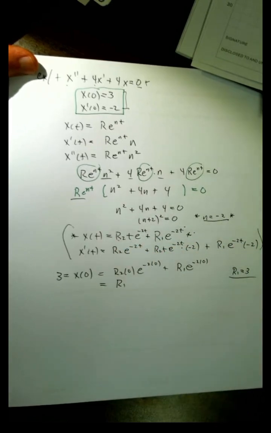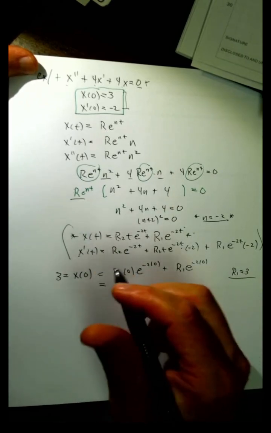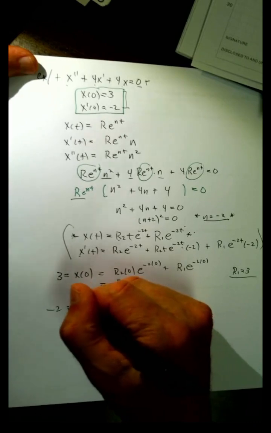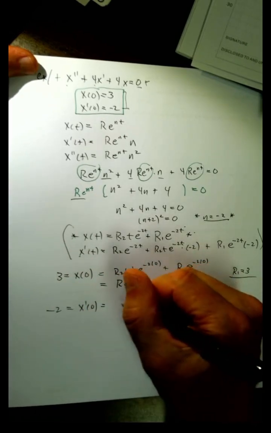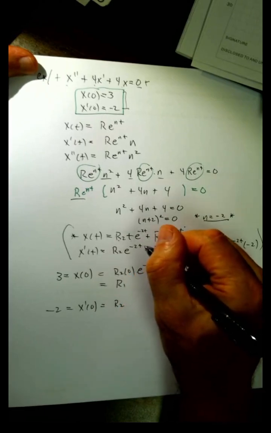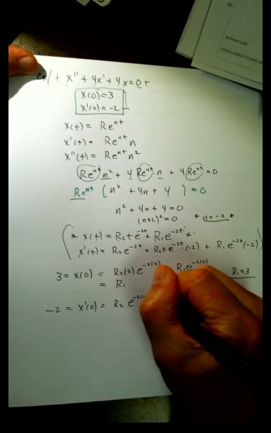So I get that r1 is 3. Now coming to this expression for x prime, I know that when I plug in t equals 0 into x prime, I should get minus 2. So everywhere I see a t in the x prime equation, I'm going to plug in 0.